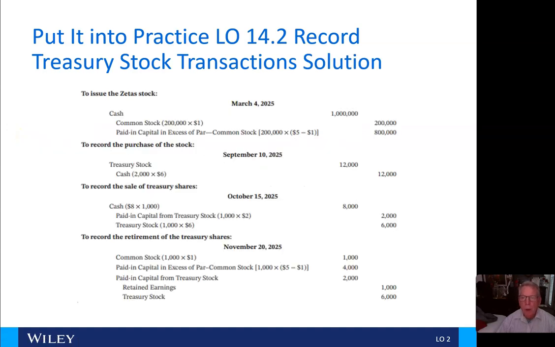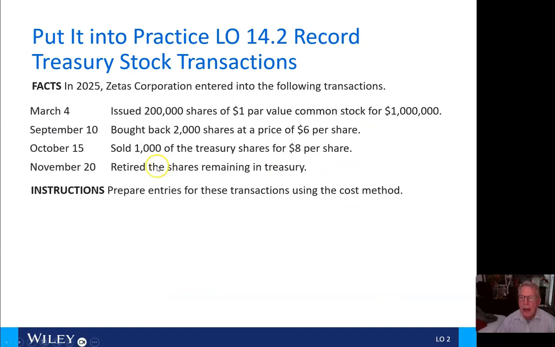Okay, so what we're going to do here is our cash is going to cost us 2,000 shares times $6 per share, or $12,000, and we debit contra equity account treasury stock for $12,000. Now on October 15th, we're going to sell 1,000 of those back for $8 a share.